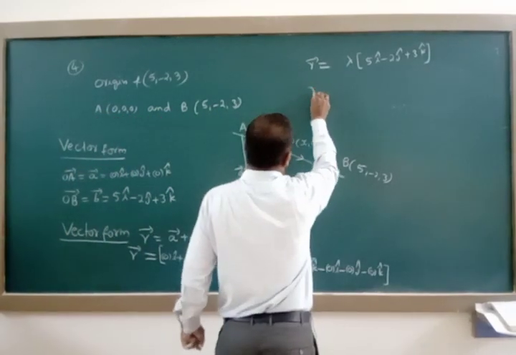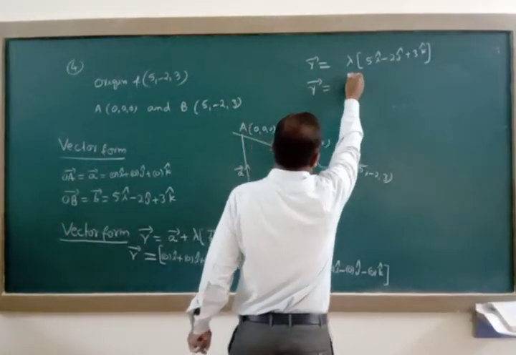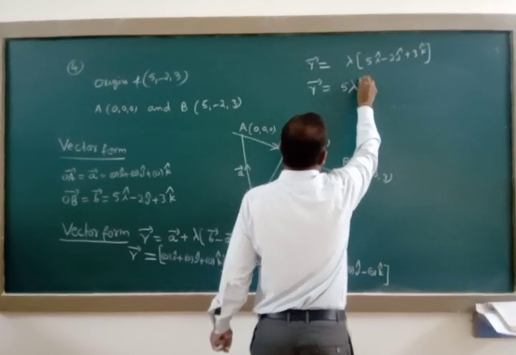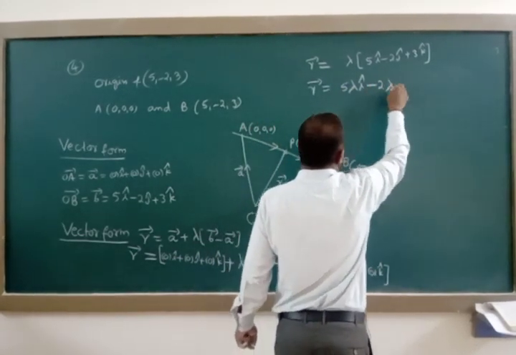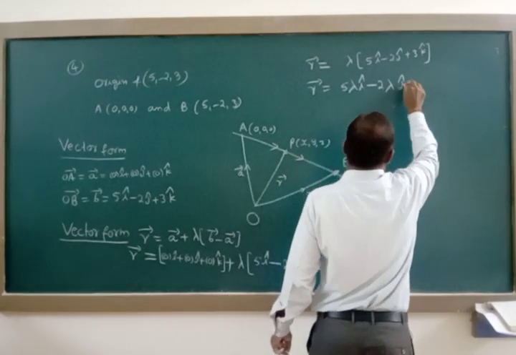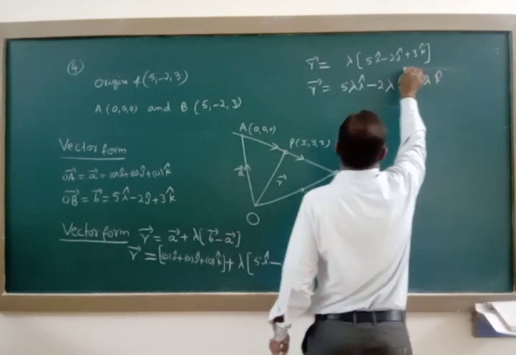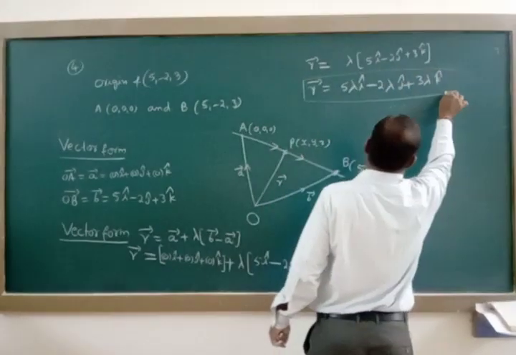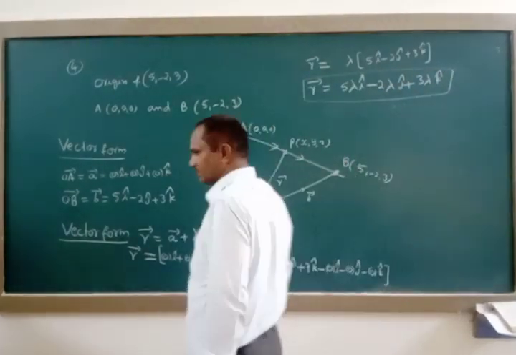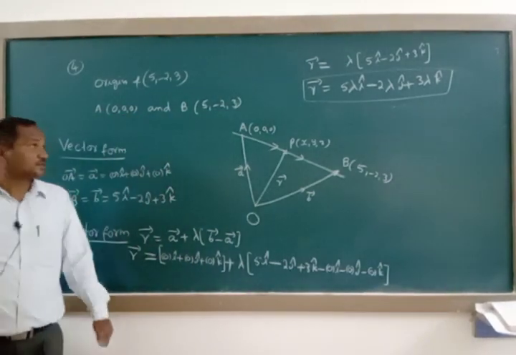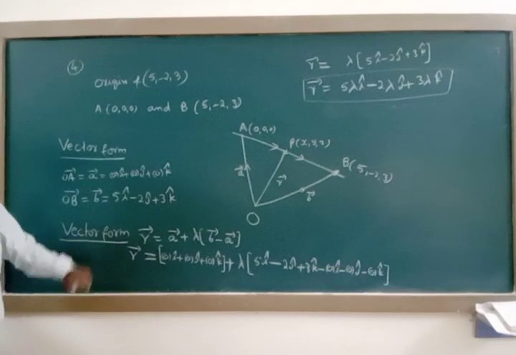Next, r vector is equal to multiplying lambda with all these three, then we get 5 lambda i cap minus 2 lambda j cap plus 3 lambda k cap. It is the required equation of straight line in vector form. This is the vector form of equation of straight line.